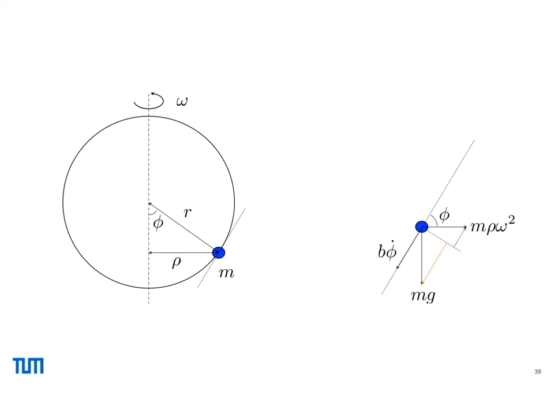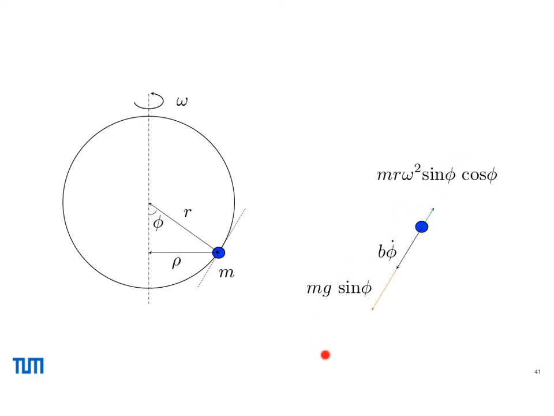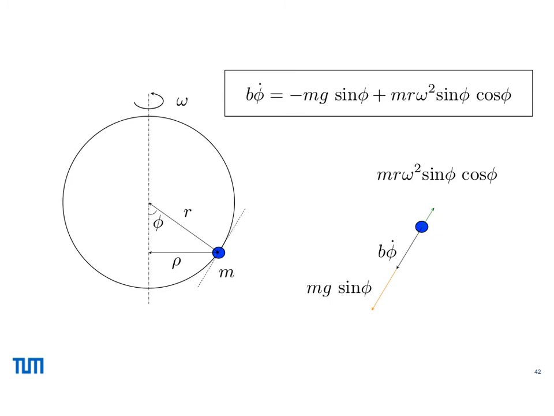As I told you just before, we project these forces on this line, and this is what we obtain. We just write it down: this is the balance of forces that reads in such a way.